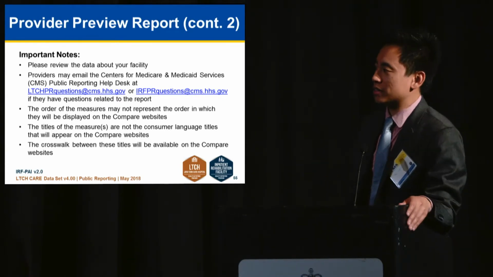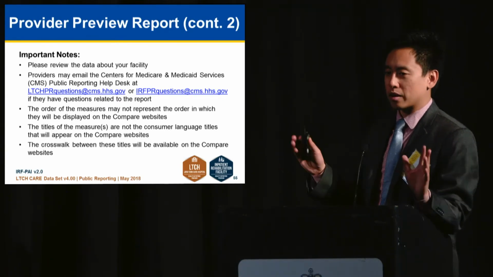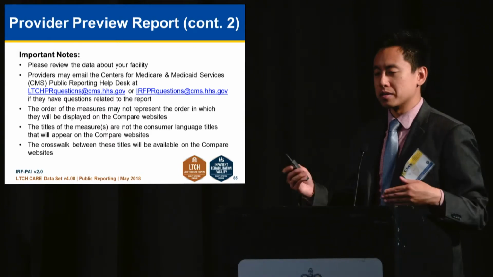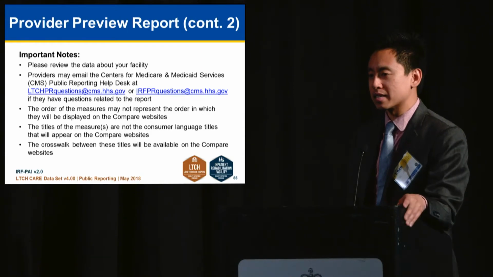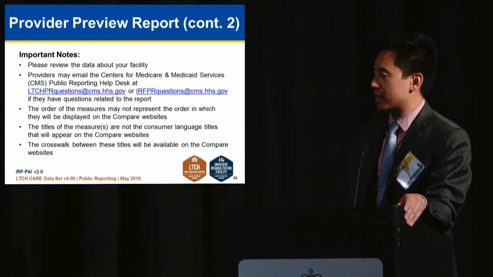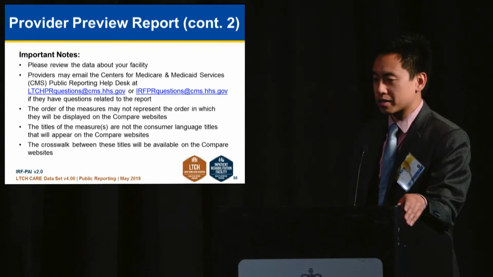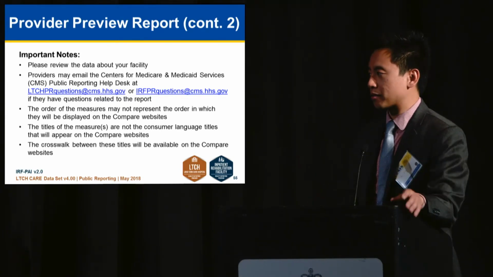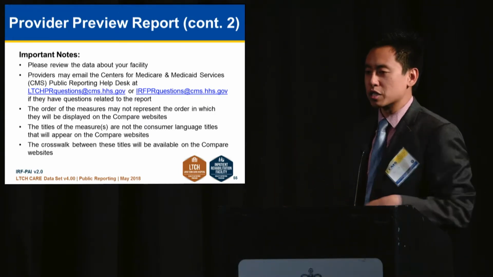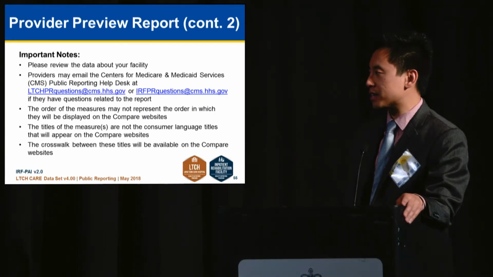Same with the titles. We use more the consumer language titles as opposed to the technical titles that you see in your provider preview reports. And there is a crosswalk between those titles, so that way you can see the technical title and the corresponding consumer language title.